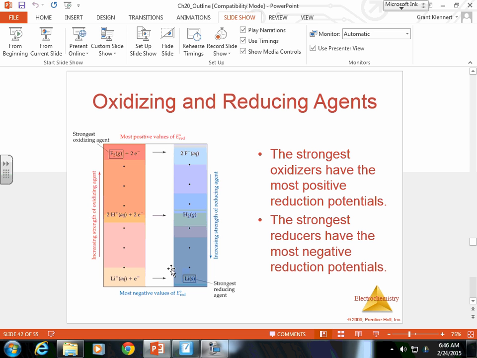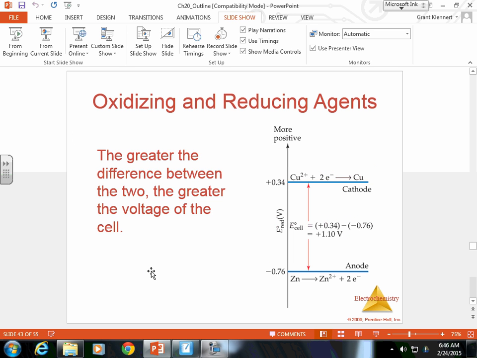Why? You can see here it's a very strong reducing agent, so it's possible to create a very large cell difference or potential energy in the cell using a redox reaction. The greater the difference between the two, as I mentioned, the greater the voltage, hence why lithium is a sought-after material for making batteries and other voltaic cells.